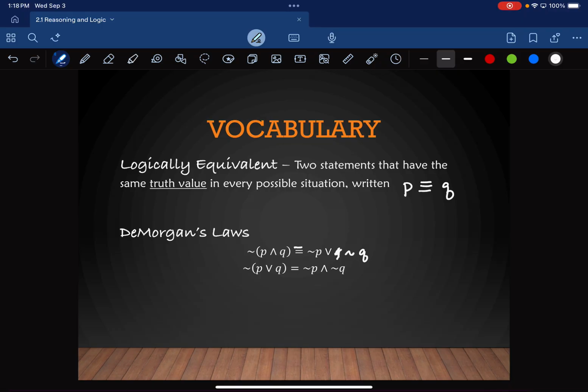What we're going to do next is verify what it looks like when you have logically equivalent statements in a truth table. The definition told us what it's supposed to look like: two statements that have the same truth value in every possible situation. Let me show you what that means, because it's referencing a truth table.